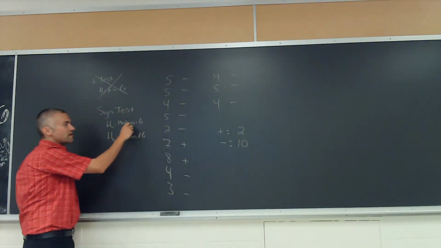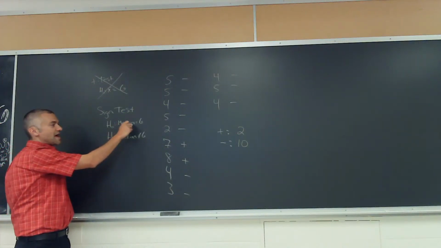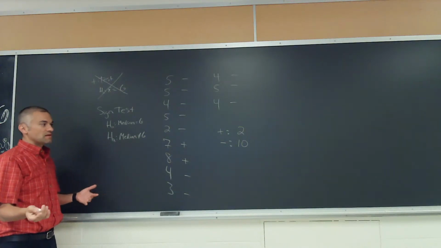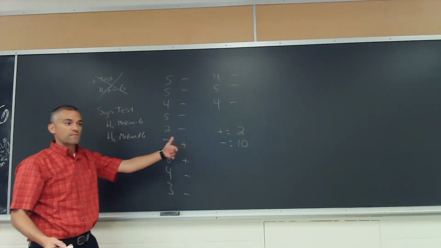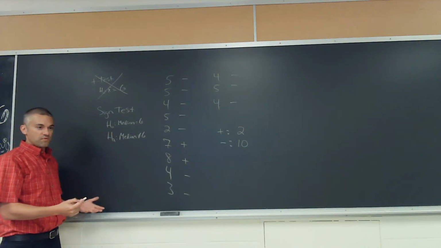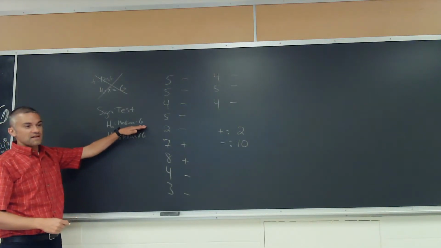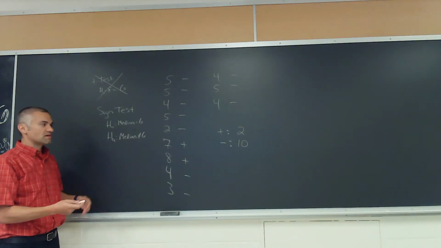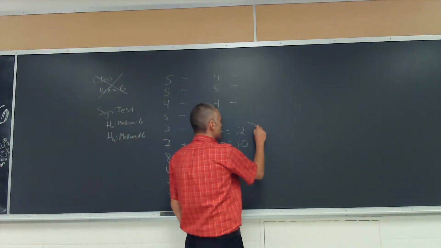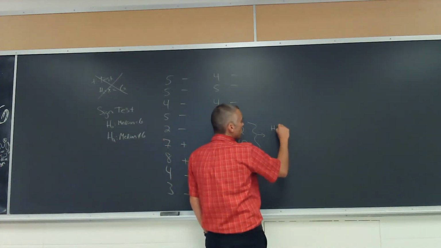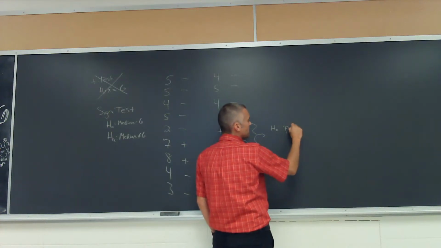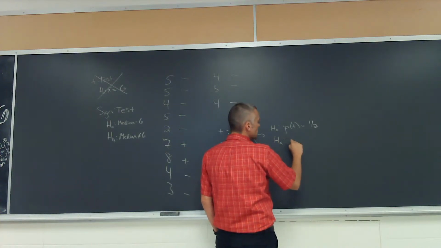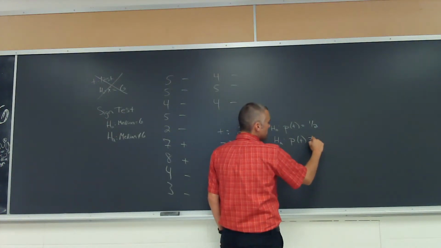Now, if our median is equal to 6, then we should have an equal number of pluses and minuses, which means the probability of getting a plus should be 0.5. The probability of getting a minus should also be 0.5, right? If we equal the median, then it just kind of drops out. So based on this, we'll make our hypothesis that the probability of getting a plus is 1/2, and our alternate is that our probability of getting a plus is not equal to 1/2.